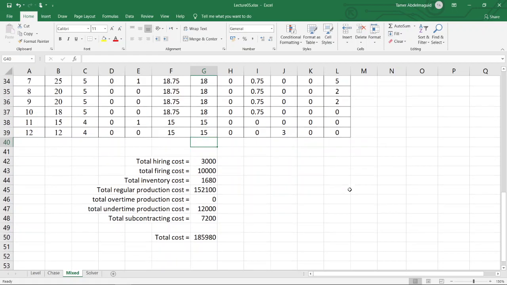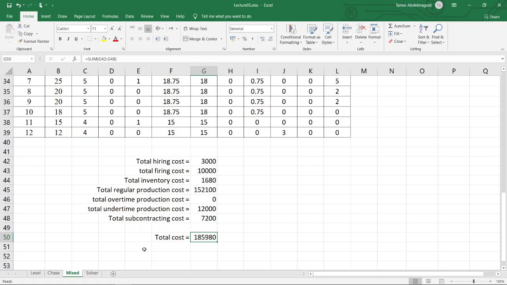Let's see here. The total cost associated with the mixed strategy is much less compared to the chase and the level strategies. And again, remember, what we are trying to do here is to have a plan for our production that minimizes the total cost.